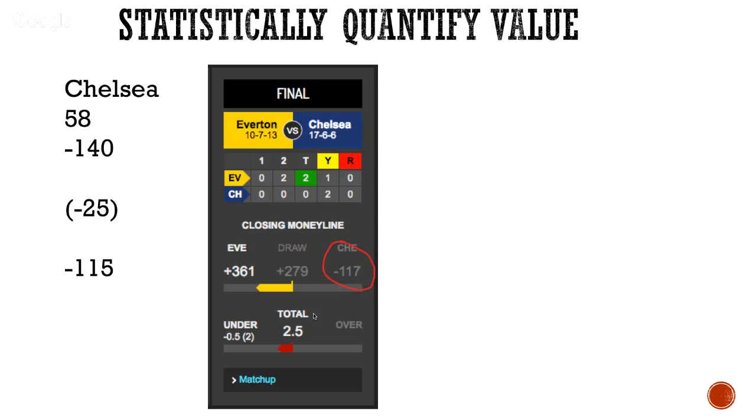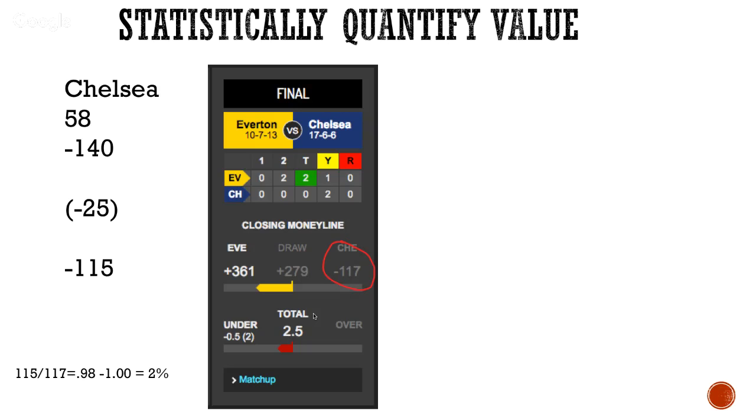So here's a way to statistically quantify value and see how much value we're getting. Now, they lost this game, which I'm going to come back to in a second. So you take the lower number and put that number on top. You take 115 divided by 117, that's going to equal 0.98. Then you subtract 1 and you get 2%.